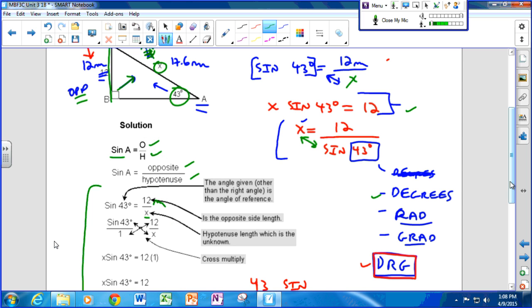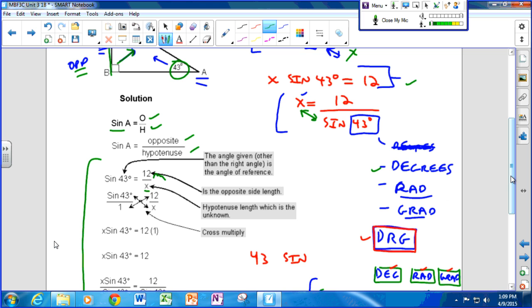Probably the best way is if we're trying to find an unknown side and we have an angle, then we can use sine. If we have the opposite or the hypotenuse and we're trying to find the other one, we can use the sine. Your calculator can do the sine, and then you can solve for the unknown side, whether it be the opposite or the hypotenuse.